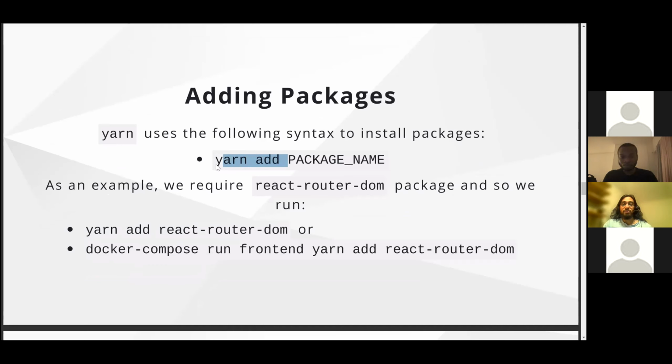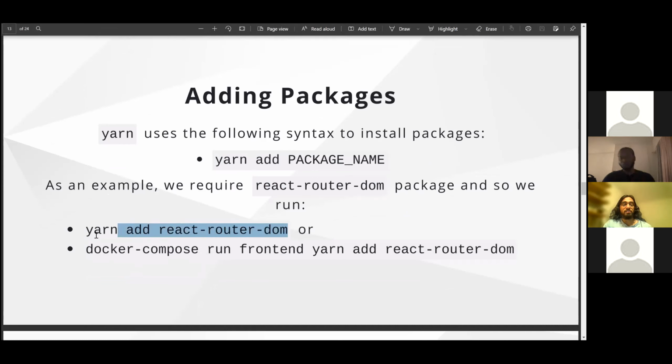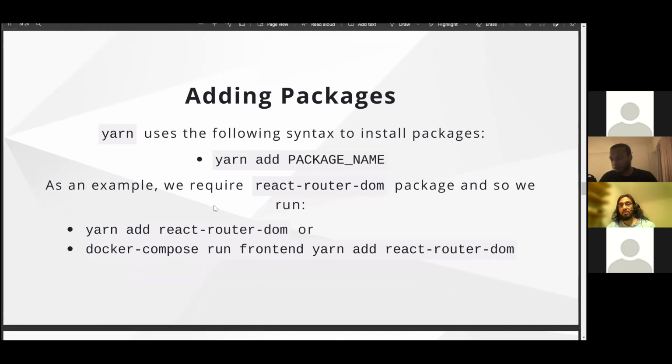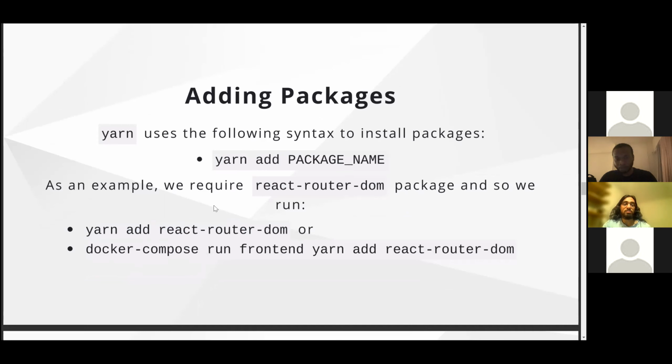You can run this natively locally, or you can run it via Docker Compose. As an example, later on we will be using the react-router-dom package, so you can install it at this point by running this command. If you're using the branch, it's already installed, but you can run it just to learn how to add packages.